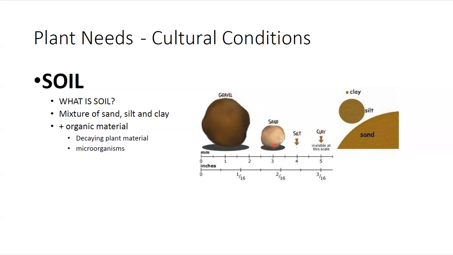We've got sand at this size, silt where you can actually see it, and then clay where it's actually invisible at that scale. Okay, so the particle sizes themselves. So again, to give you an idea of the difference in the particle sizes, sand, silt, and then clay if we blow it way up.